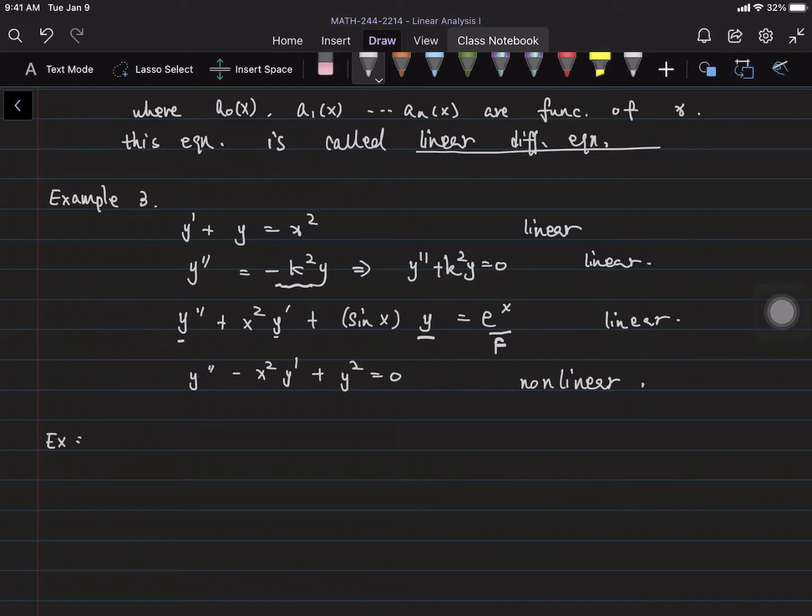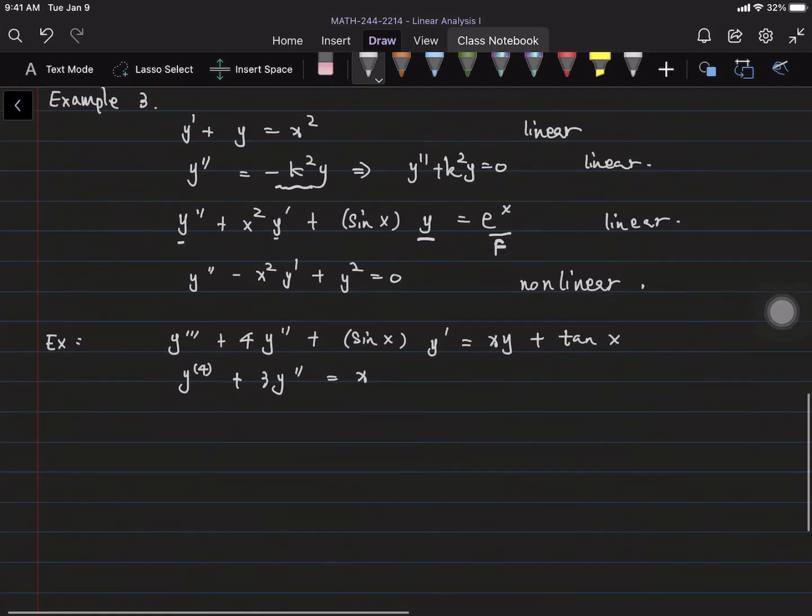Let's take a look at this exercise problem. Can you tell if this is linear or nonlinear? I'm going to give you another one. In my class, I always give an example followed by a very similar exercise problem. When you watch my video, you can pause and do the exercise, and then check my answer later.